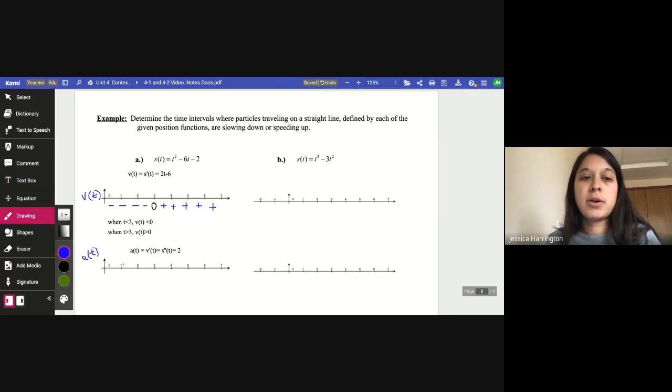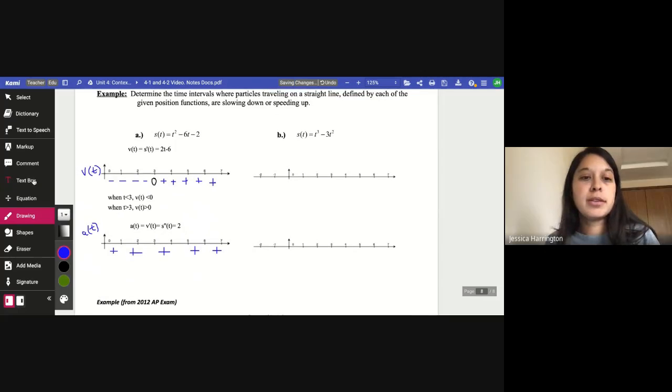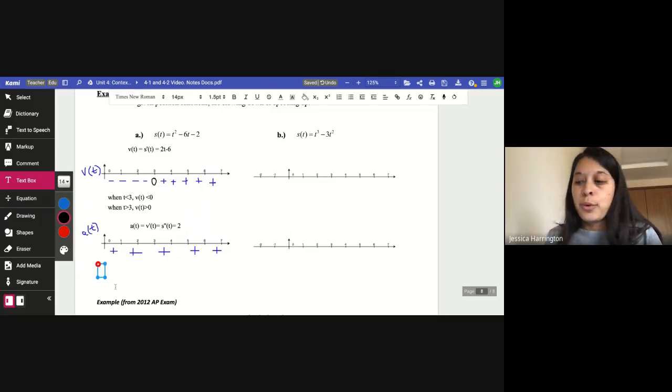So I can come back over here and I can label this thing. This thing is always positive. Doesn't matter where you are. Acceleration is positive. So where is this thing speeding up and slowing down? Let's write here. Let's do where the signs are the same.